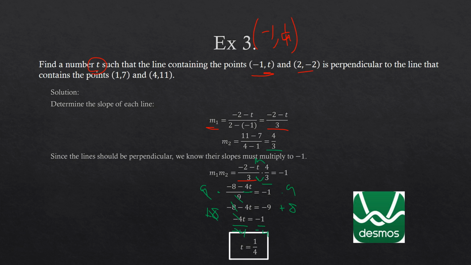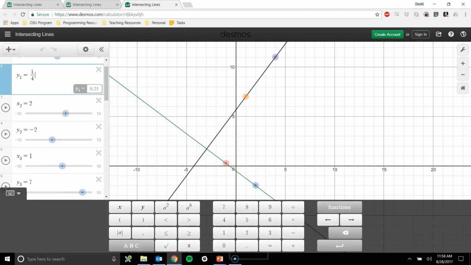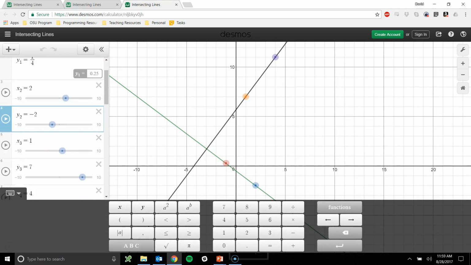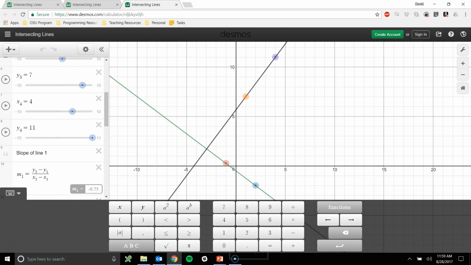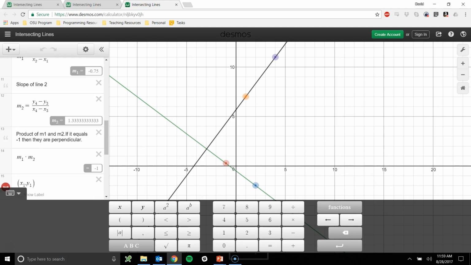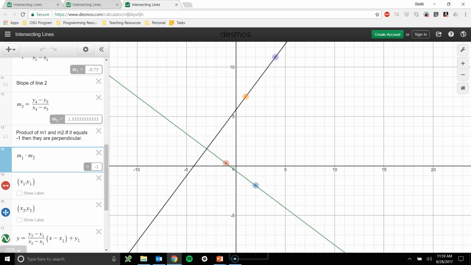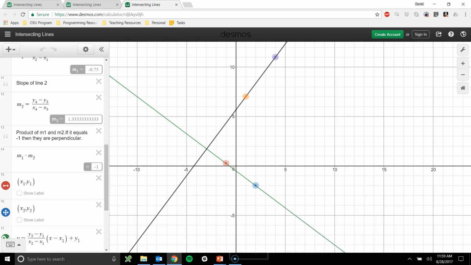We're going to see if these are in fact perpendicular. So here's (-1, 1/4) and (2, -2) as our first line, and (1, 7), (4, 11) as our second line, and we can see that their slopes do in fact multiply to get -1 from our Desmos app. And they look pretty perpendicular, so that's good.